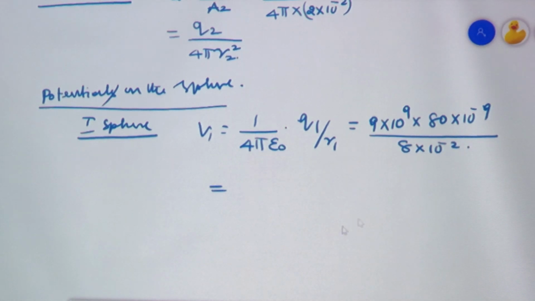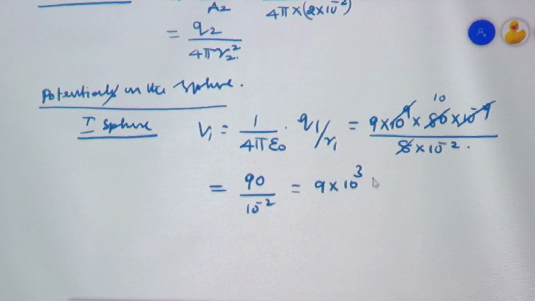You can easily simplify. 10 power minus 9 and 10 power 9 get cancelled, then cancelling the 8, you get 90 divided by 10 to the power of minus 2, which is 9 into 10 to the power of 3 volt. This is the potential V1, or 9 kilovolt.